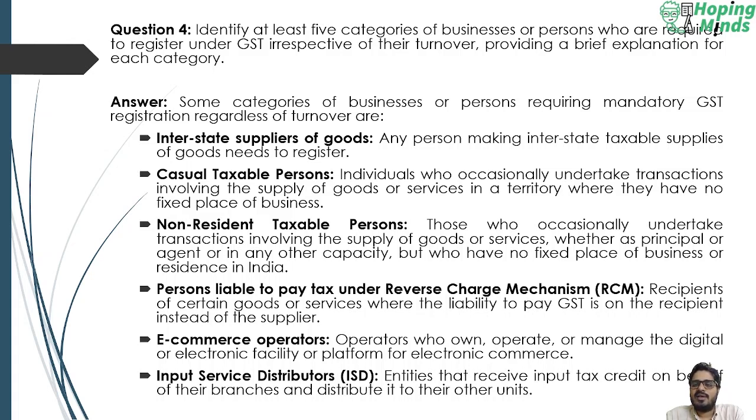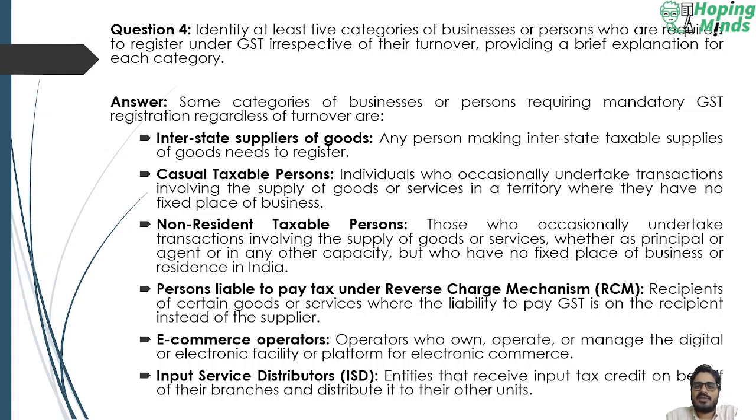In case a trader whose turnover has not exceeded the threshold limit of 40 lakhs but who is willing to do interstate sales transactions, then he is mandatorily required to get enrolled under the GST. So any person making interstate taxable supplies of goods needs to register irrespective of their turnover.